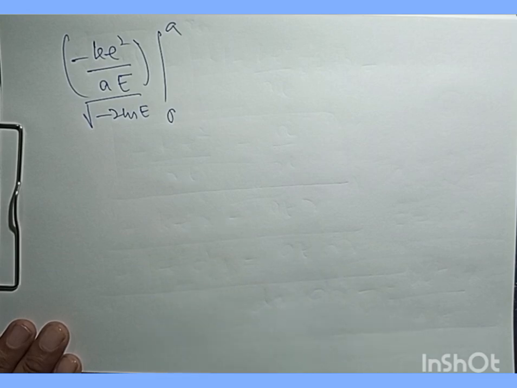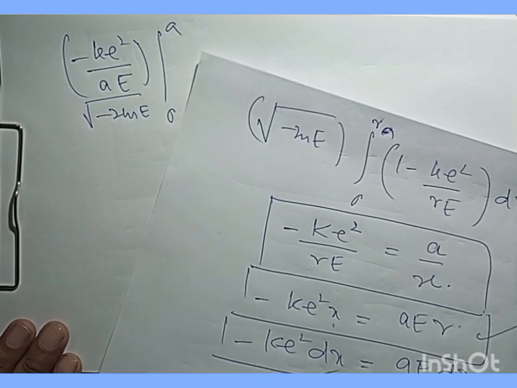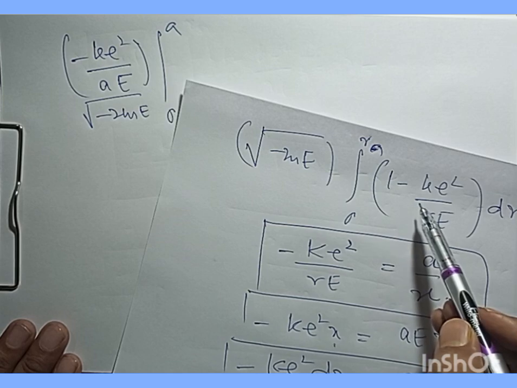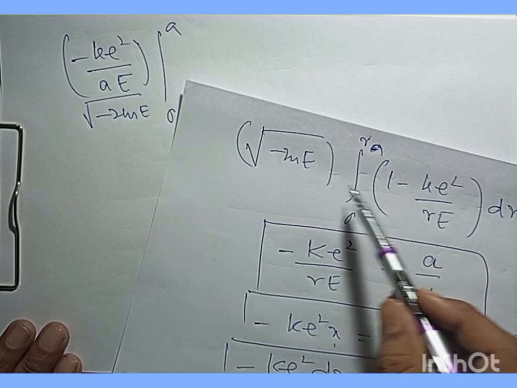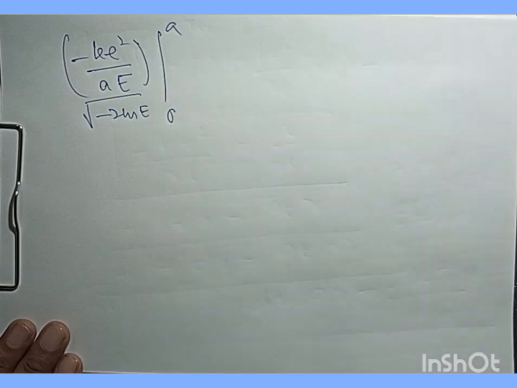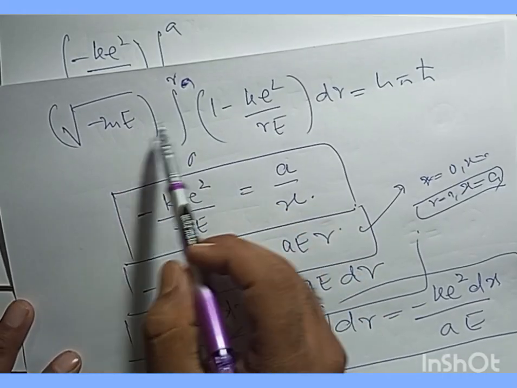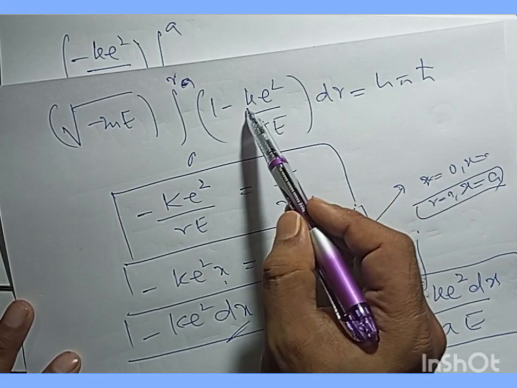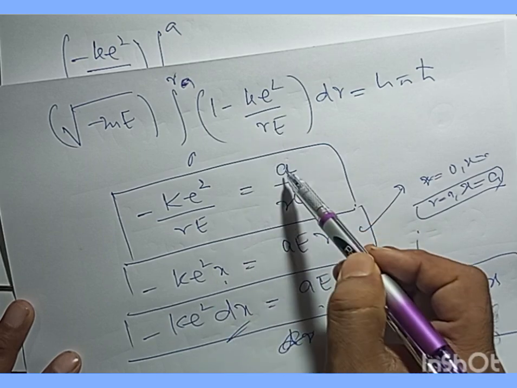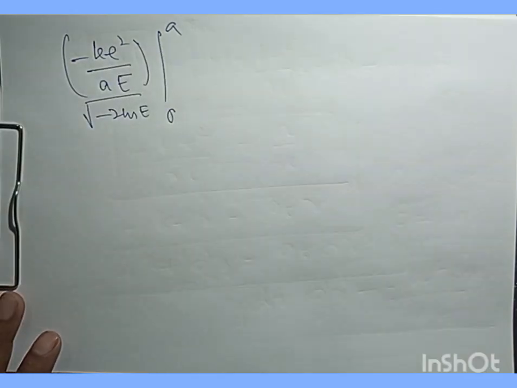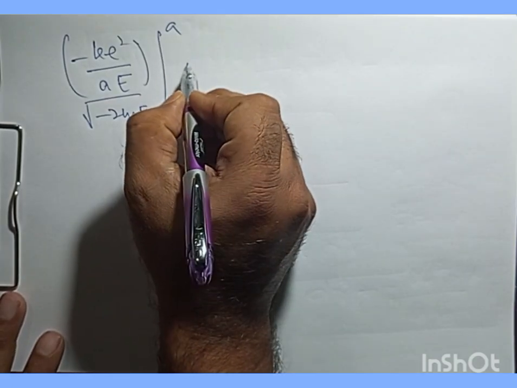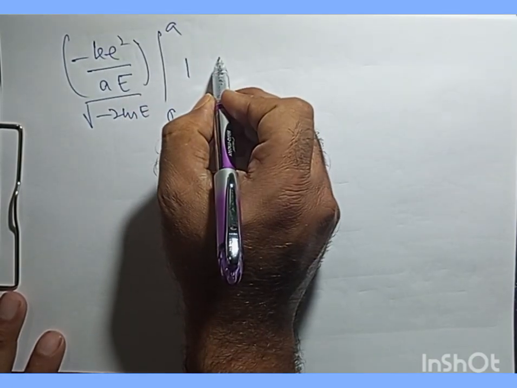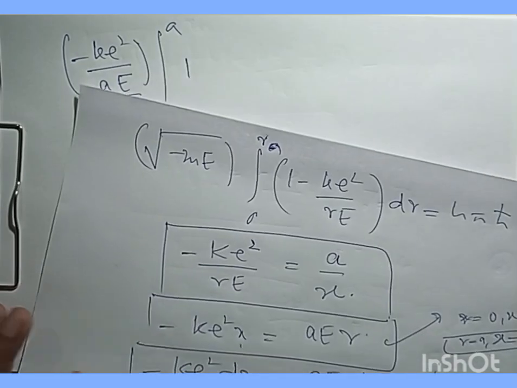And then we will have 1 minus, and this minus K e squared by rE is A by x. So how do I have minus here?